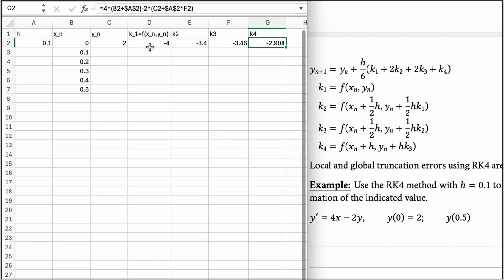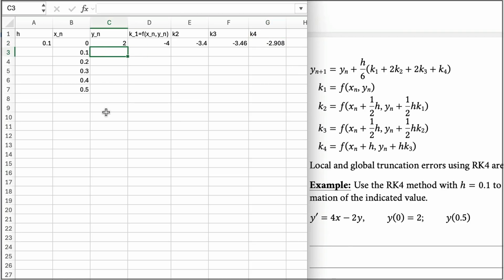Now, having entered in formulas for k1, k2, k3, and k4, we're going to find y sub n plus 1. It is equal to, and I'm looking at the y sub n plus 1 formula here, y sub n plus the step size 0.1, absolute reference, divided by 6 times the sum of k1 plus 2 times k2 plus 2 times k3 plus k4.